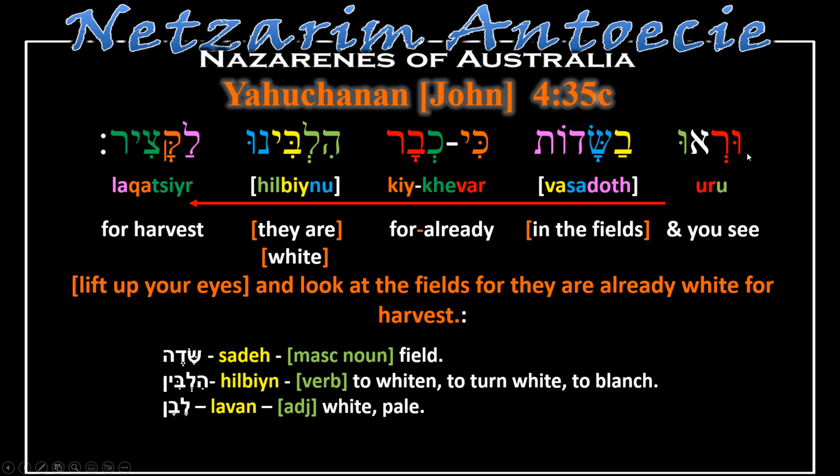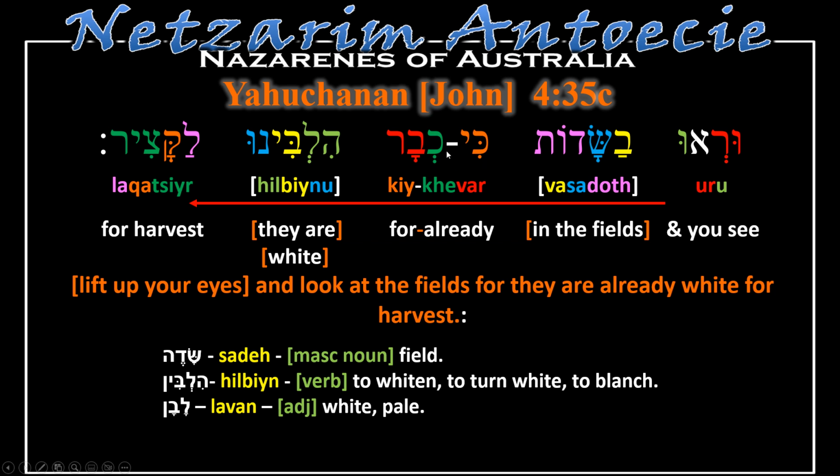And we read, u, and you see, again the master speaking to them, so it's second person, and you see the sadot, in the fields, with the vayet being in, and its root, of course, is sadeh. That's the root. It's a masculine noun meaning field, but it's plural because of the ot on the end.